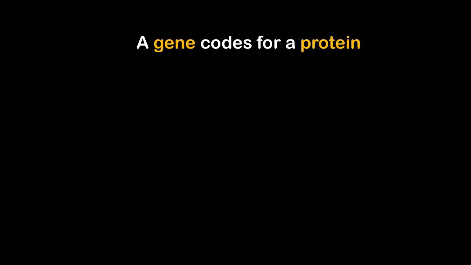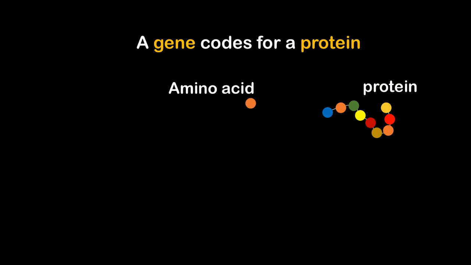Genes code for proteins. What are proteins? Proteins are very long molecules and they are made up of amino acids. If you combine many amino acids, like you combine beads in a necklace, you will make a protein, and that's all the DNA codes for.